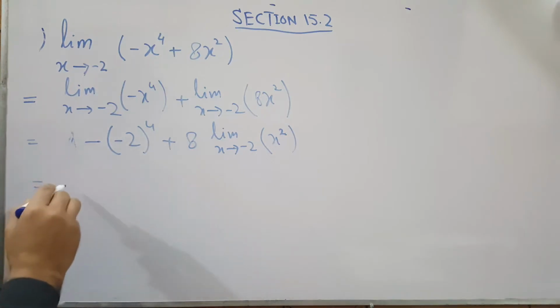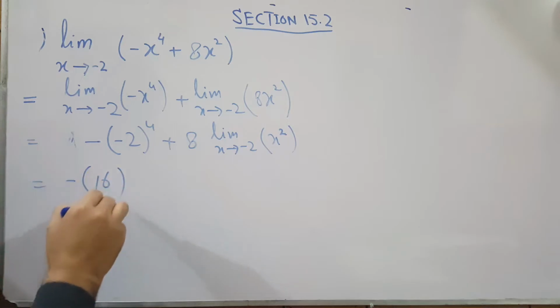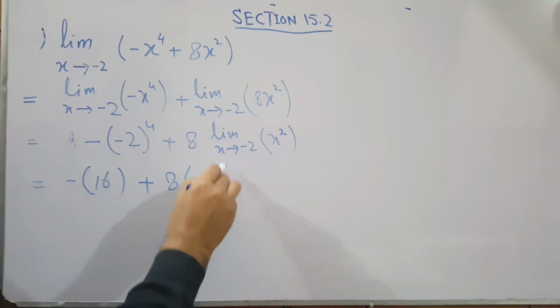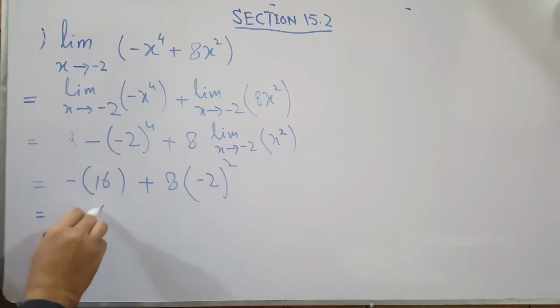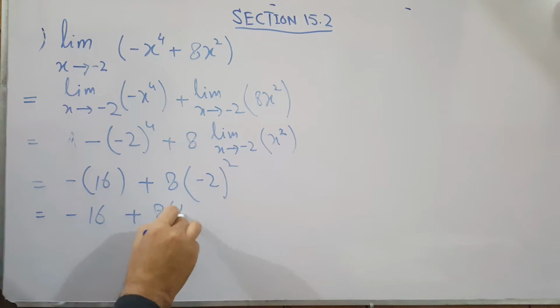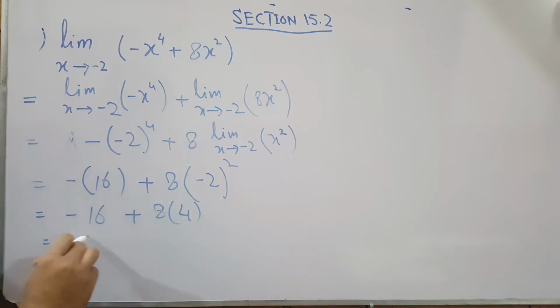So plus 16 into minus, this gives us plus 16, and 8 times, if we put minus 2 square, that gives us minus 16 plus 8 times this gives us 4. So minus 16 plus 32 gives us plus 16.